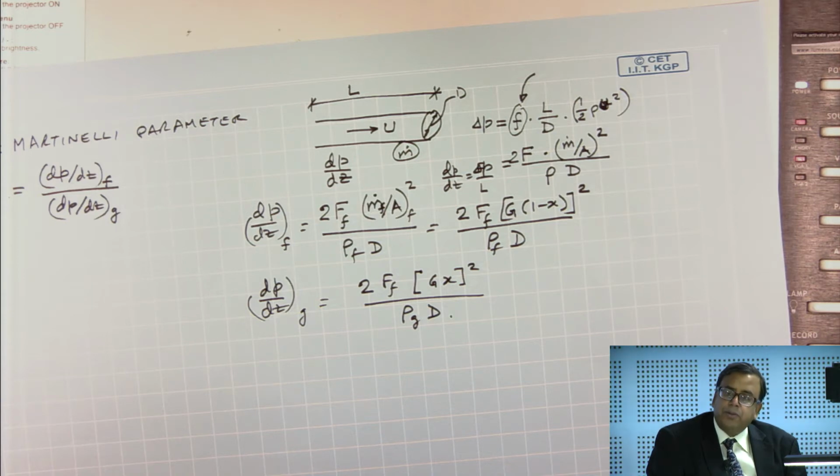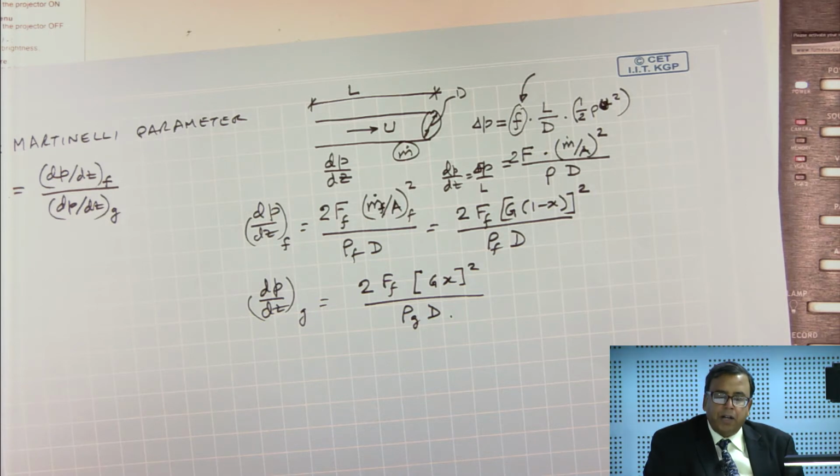So, the way to do it is you chop your pipe up into different computational volumes and you calculate the x at each location, and once you know the x at each location for that small chopped volume, you can calculate what the dp dz will be, and therefore, you can calculate what the Martinelli parameter will be for that portion of your computational volume. Does that make sense? So, you can do this on an Excel spreadsheet or in a code, right, and that is how it is implemented in practice.